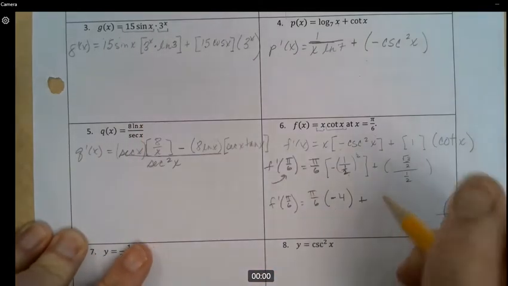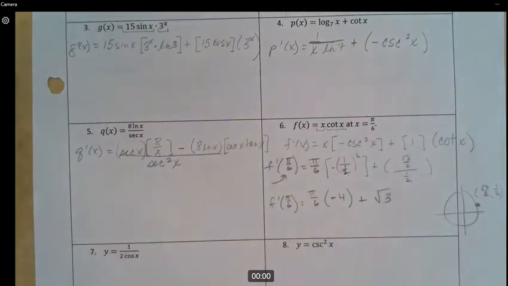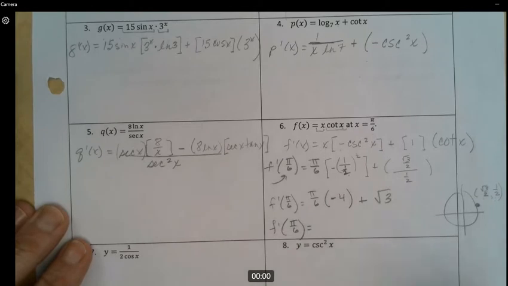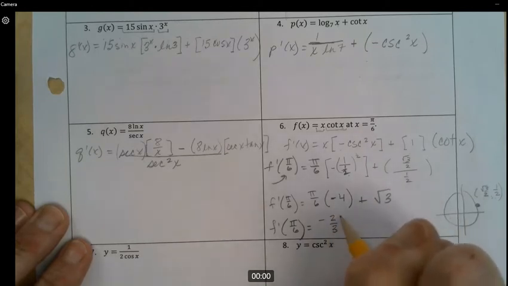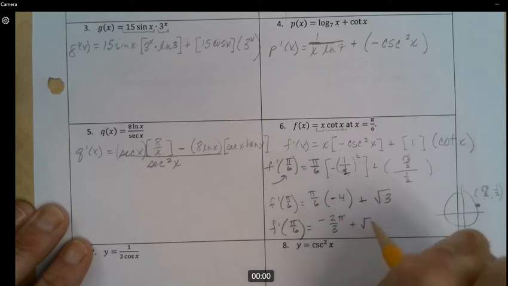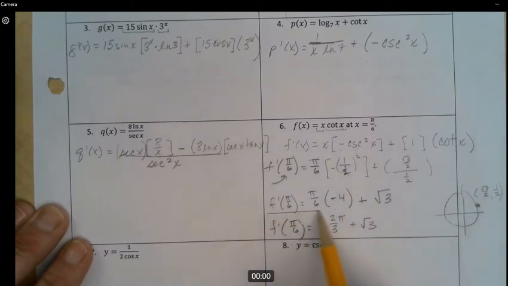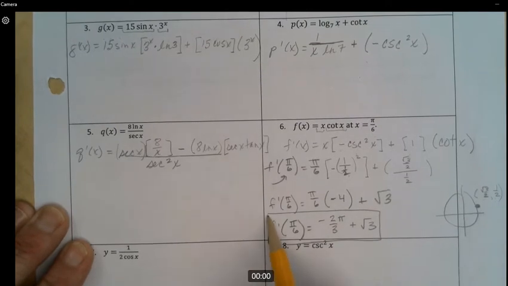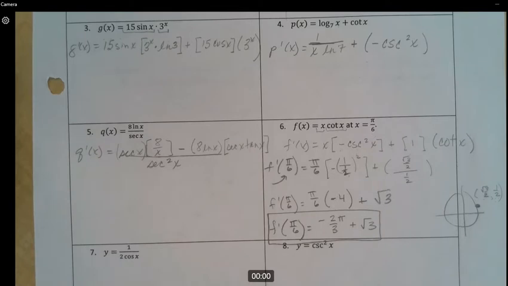So this is going to be plus the square root of 3. So the derivative at pi over 6 of this function is going to be -2/3 pi plus the square root of 3. And that's my final answer. Sound okay? All right.